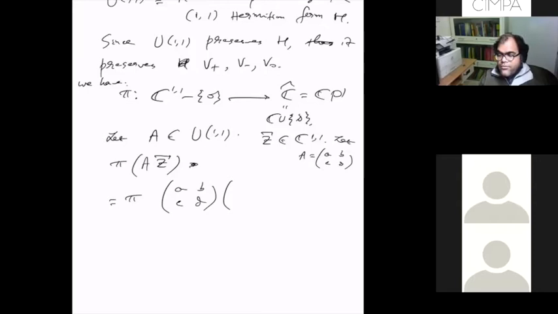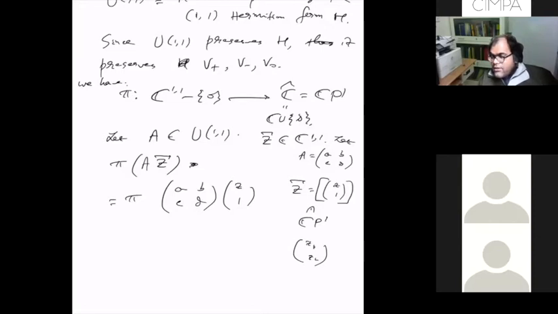So Z is the equivalence class of this in CP^1. So it's the same game. I mean, we have this Z1, Z2.